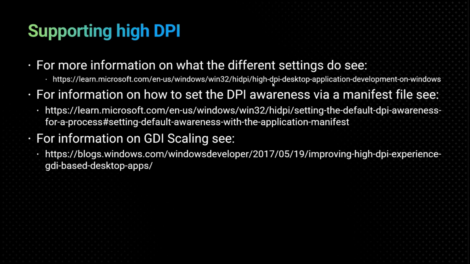That particular document doesn't go into GDI scaling, which is why I included that third link, so you can see what that particular option does. And then lastly, if you wanted to see how you could set it through application manifest, I provided a link for that. Not that you're going to want to do that. Chances are you're probably going to want to just use the options that are now available in PowerBuilder 2025.